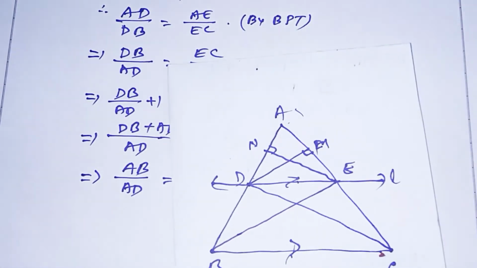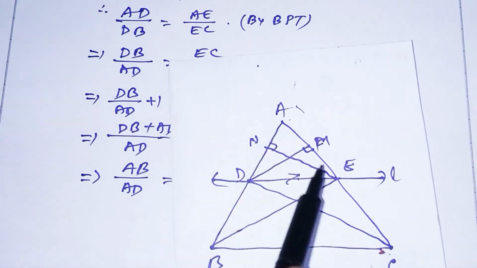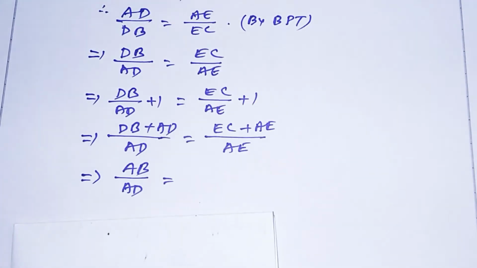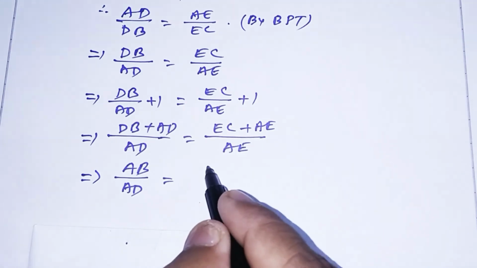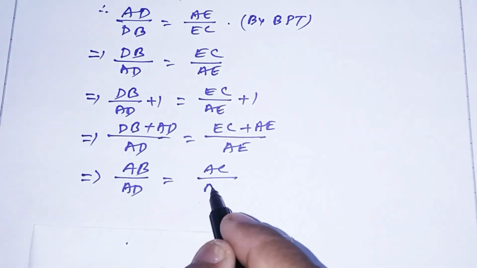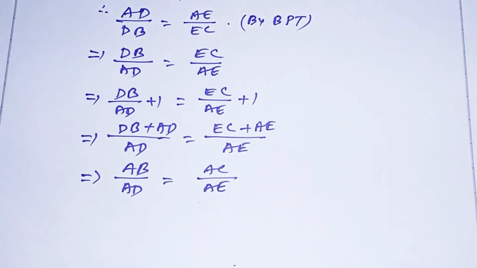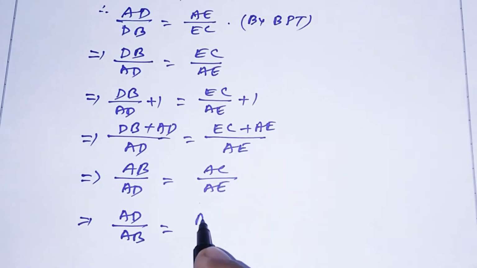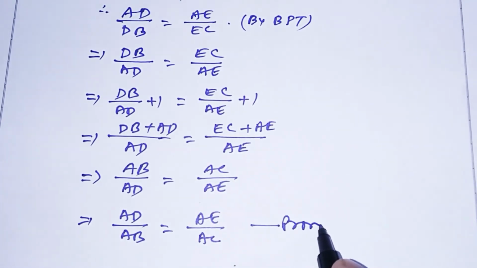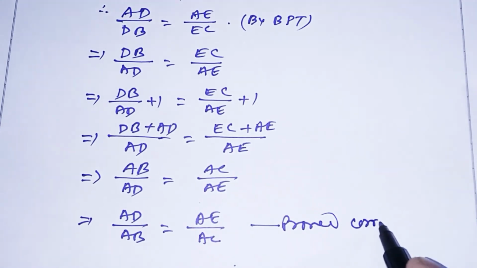From the figure, EC plus AE will give you AC. So here we can write AC by AE, and again you take the reciprocal, so you will get AD by AB is equal to AE by AC. This is proved. Corollary 1.